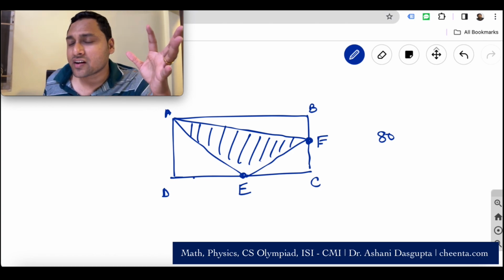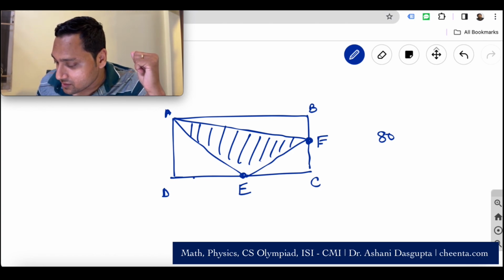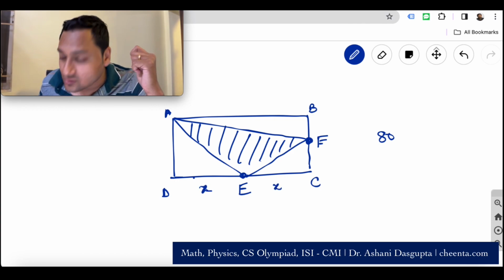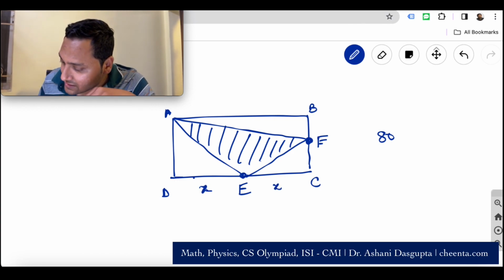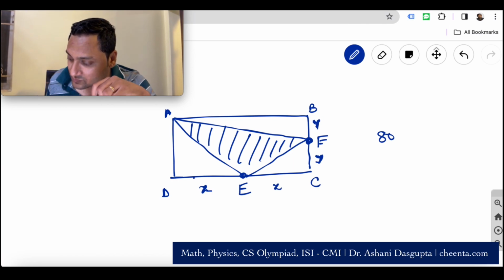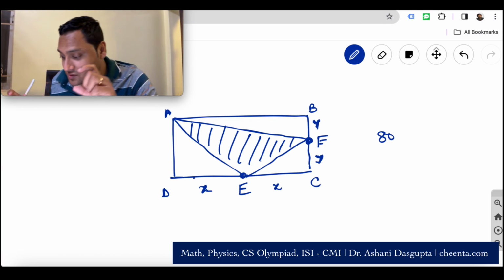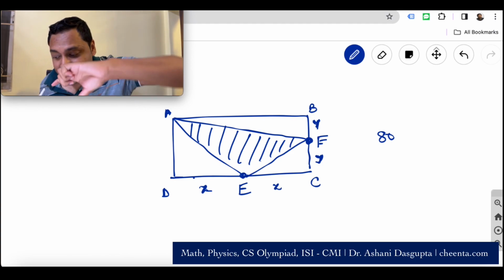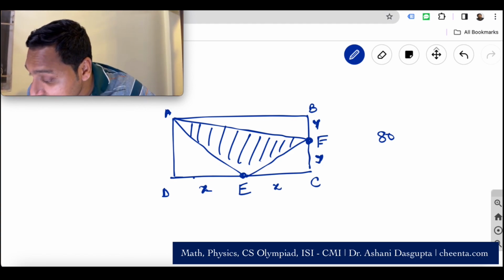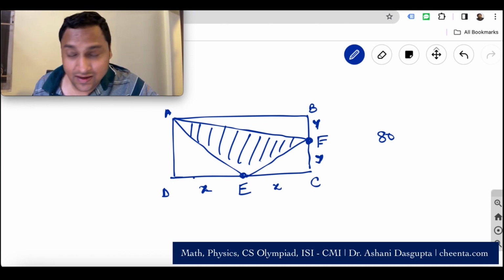It's actually not very complicated. See, let's suppose DE is small x, then CE is also small x. Let's say CF is y and BF is y, because these are the midpoints. So if E is the midpoint, DE and CE should be of equal length. Similarly, CF and BF should be of equal length.